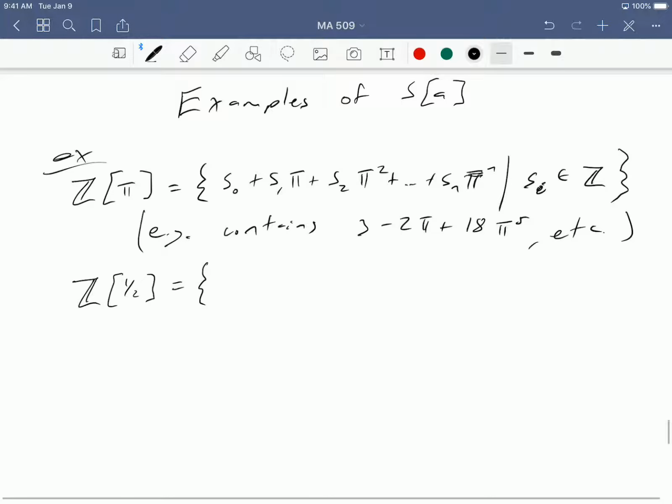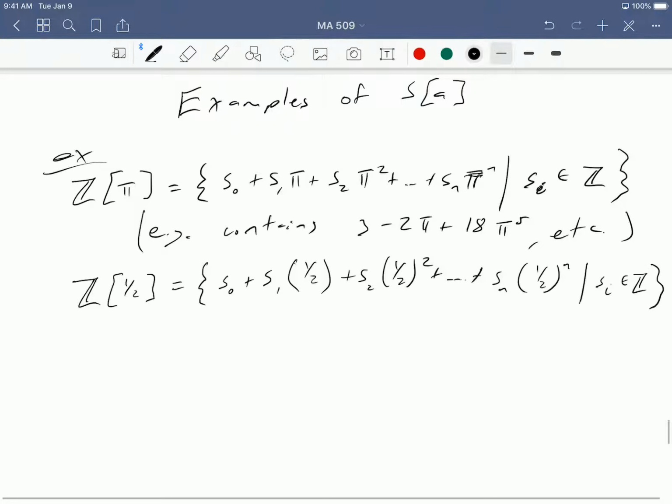If I just use my definition, I can write it out just like above, but then we can clean it up a little bit. This time I have s0, s1 times 1/2, s2 times 1/2 squared, all the way up to some sn times 1/2 to the n. And again, those si's are integers.